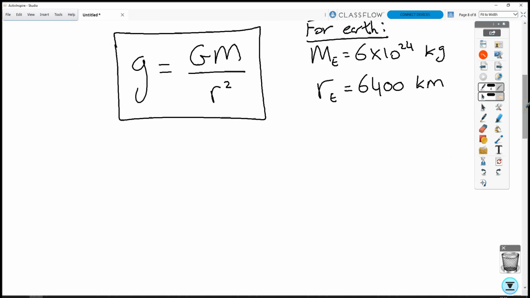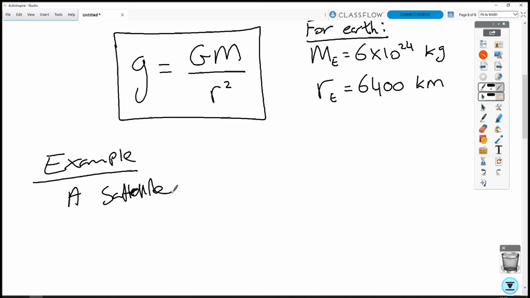So let's do an example. We have a satellite which is 2,000 kilometers above the Earth's surface.